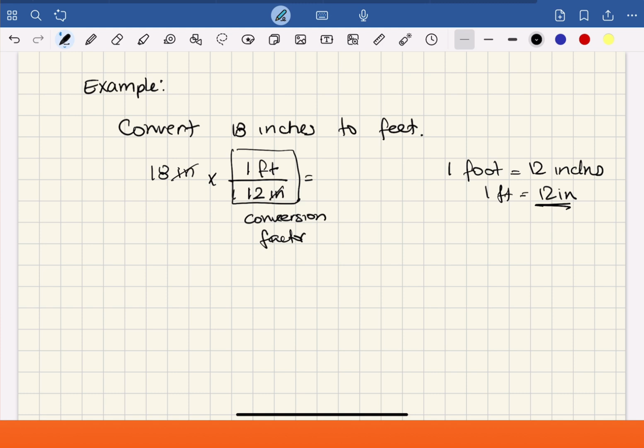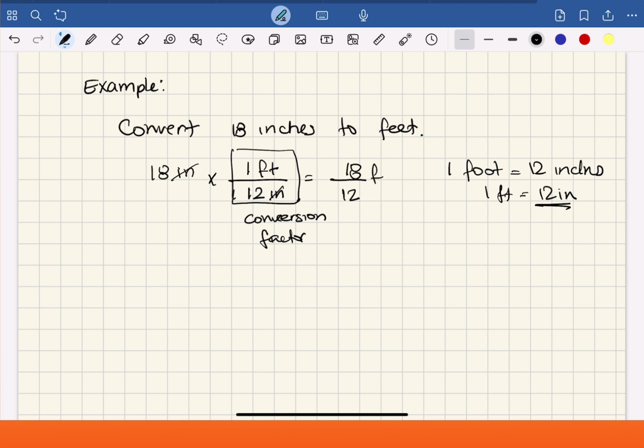When I multiply across, I multiply 18 times 1, which gives me 18. Then I multiply the denominator. When you have a number with no coefficient, you imply that you have a 1, so you have 1 times 12, which gives you 12 for the denominator as well.